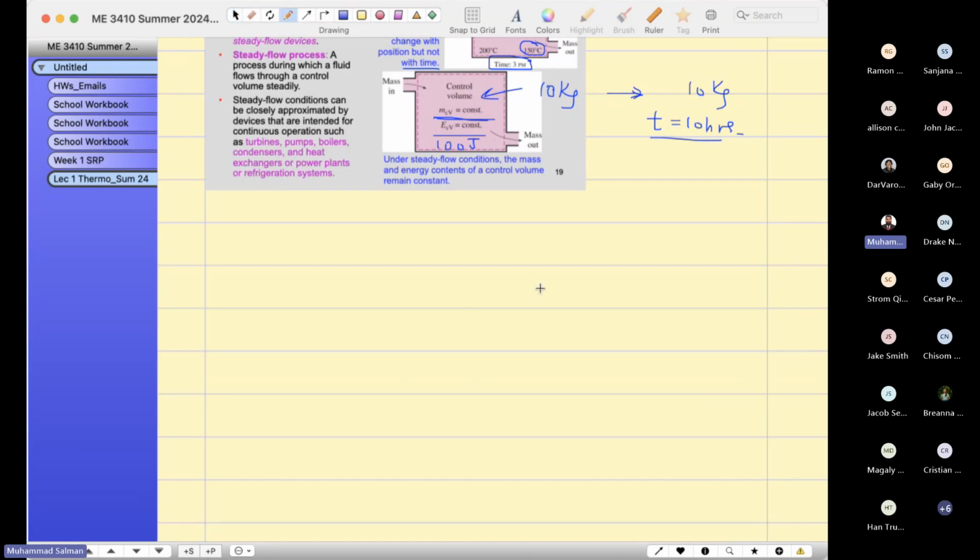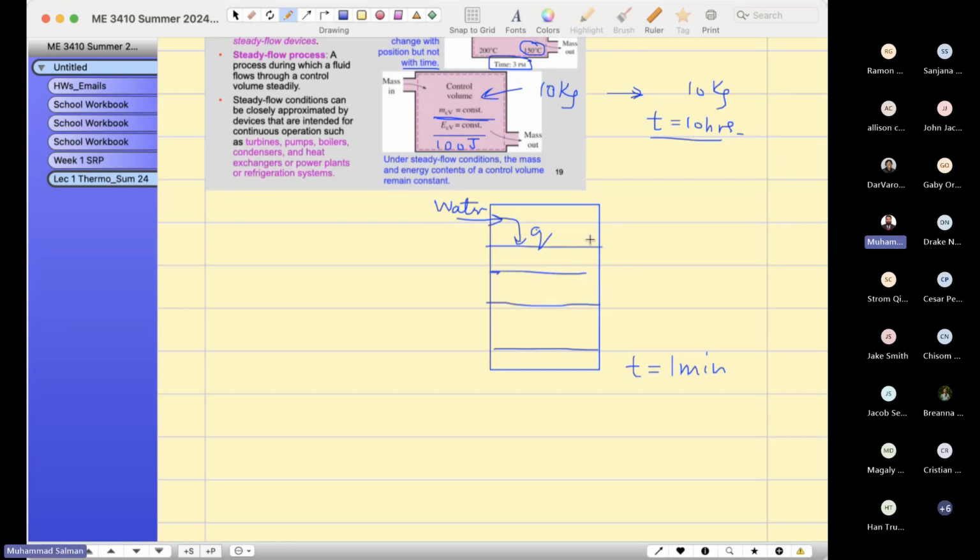Okay, now let me finish this concept. So I'm gonna show you something. Look over here. I want to show you the difference between the steady flow and uniform flow. For example, if you have a container, water is going inside, water level is here, time is 1 minute, and you open the flow, q is discharge, and the water level is increasing.